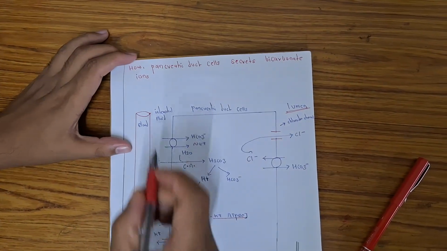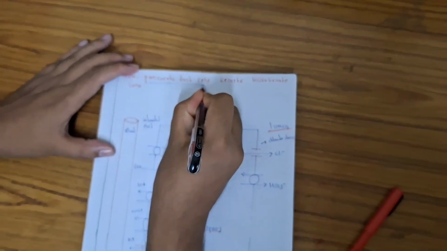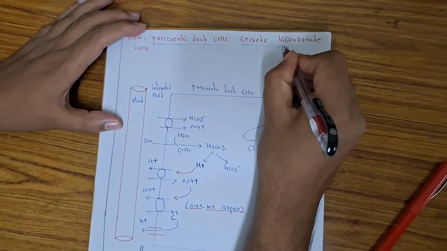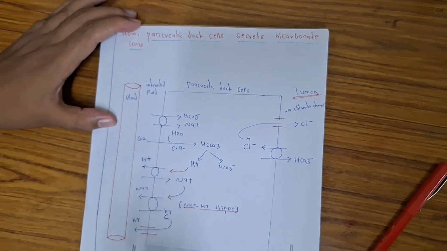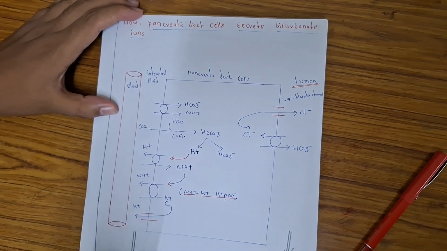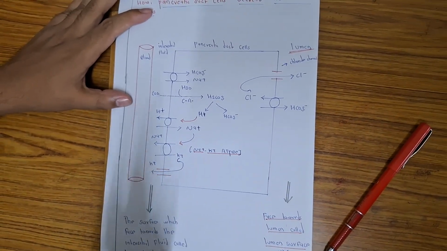I told you how pancreatic duct cells secrete bicarbonate ions. Before discussing how the pancreatic duct secretes bicarbonate ions, we have to discuss two surfaces.